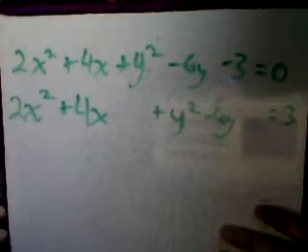And then that 2x squared plus 4x, you're going to want to factor out that 2 before you complete the square. So it'll be 2 times x squared plus 2x, leave a space, plus y squared minus 6y, leave a space, equals 3.